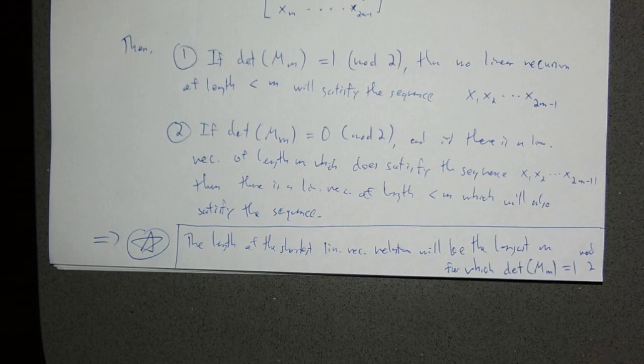You don't have to do it step by step. You can just quickly compute these determinants and toss out everything else. Once you can obtain such an M, the solution is just by solving that corresponding matrix equation mod 2, and that's it.